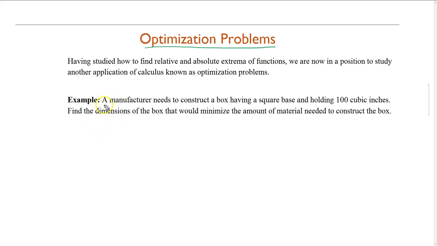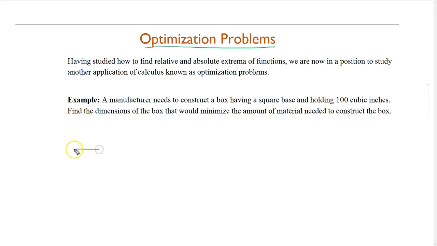So here we have a manufacturer needs to construct a box having a square base that holds 100 cubic inches. We want to find the dimensions of the box that would minimize the amount of material needed to construct the box. So the first thing that you want to do when you're faced with a problem like this is, if possible, draw a picture and label variables.